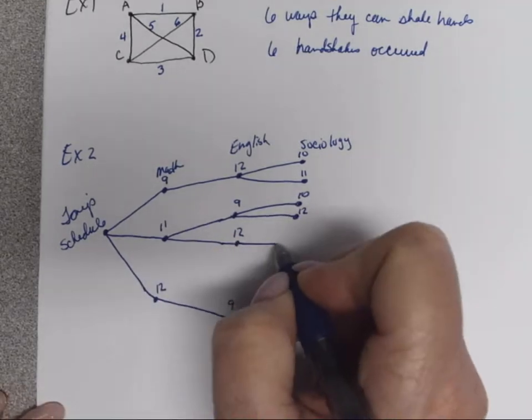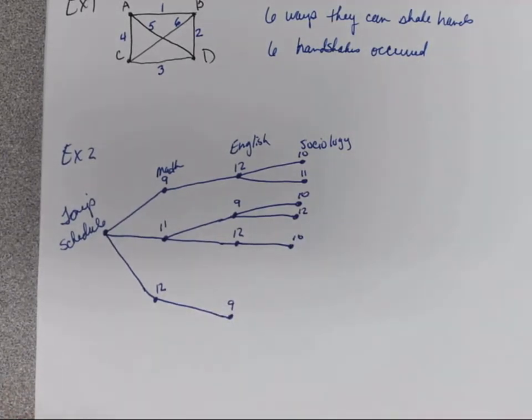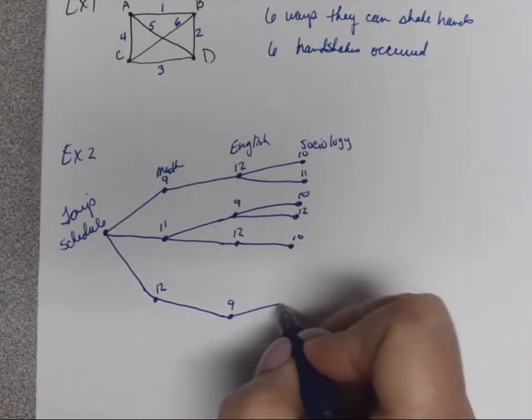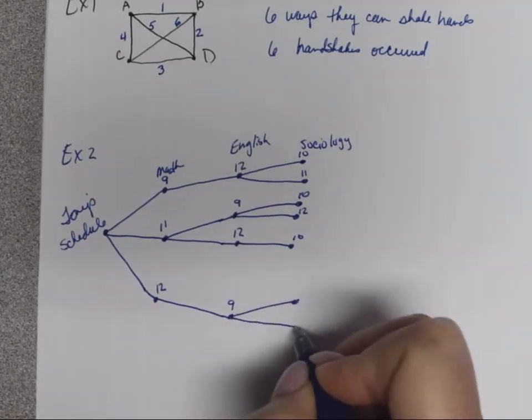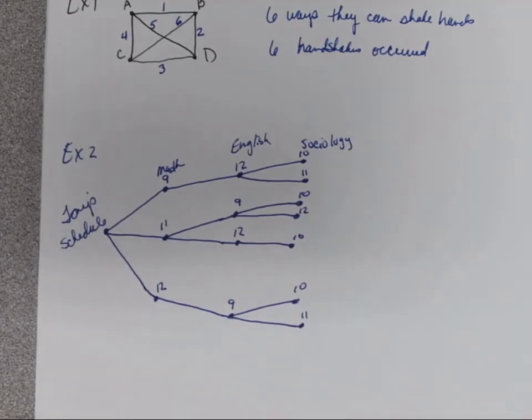So this one can only do the 10 o'clock. On the one down here, we already have a 12, so we can do the 10 or the 11. All right, so are you following so far?